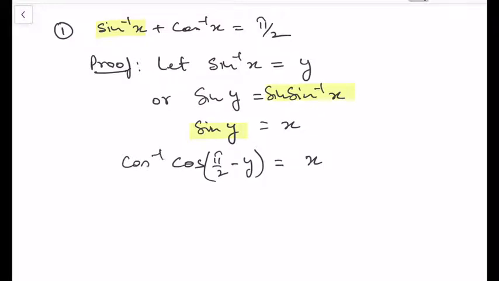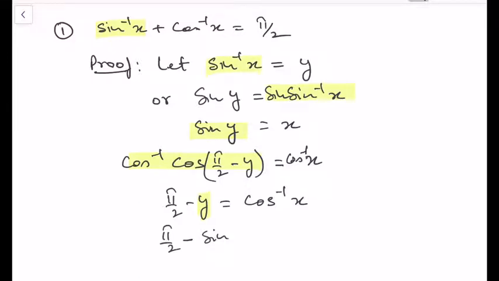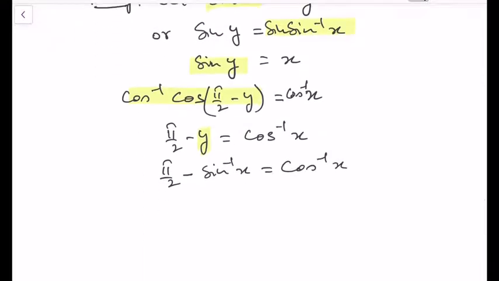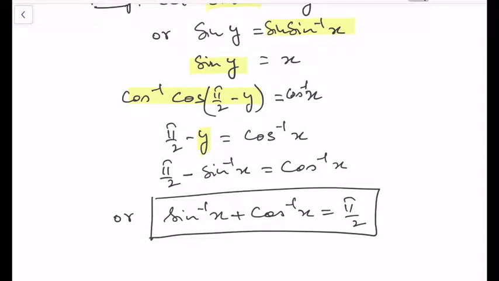Now take cos inverse both sides, then cos⁻¹(cos(pi/2 - y)) will be pi/2 - y, because cos⁻¹(cos theta) is theta. Now substitute the value of y, which is sin⁻¹x, then pi/2 - sin⁻¹x = cos⁻¹x, or sin⁻¹x + cos⁻¹x = pi/2. So this is how we prove our first property.